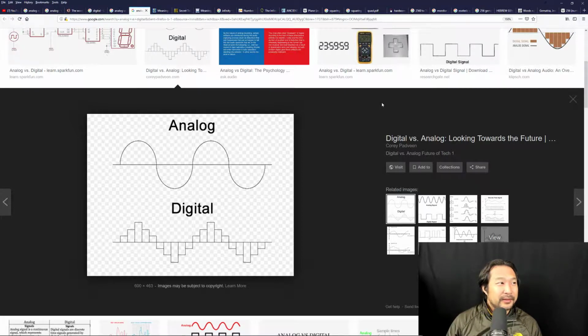We can't have 1.23 bits. We can't have 0.0765 bits. 1 bit is just a yes or a no, positive, negative, right? So you can make a conversion, a digital representation of roundness, and it's all going to be based on squares, ones and zeros.